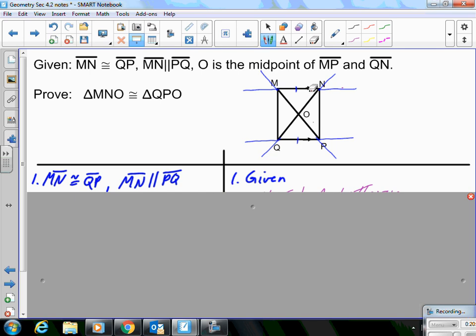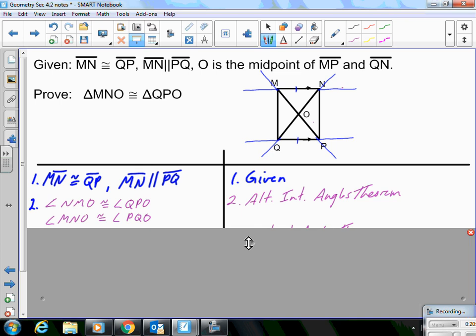And then likewise over here, angle ONM and angle OQP on this transversal are also on different sides of the transversal in between the two parallel lines. So they should be congruent since those lines are parallel. So we can state that those angles are congruent. Angle NMO is congruent to angle QPO, and angle MNO is congruent to angle PQO.